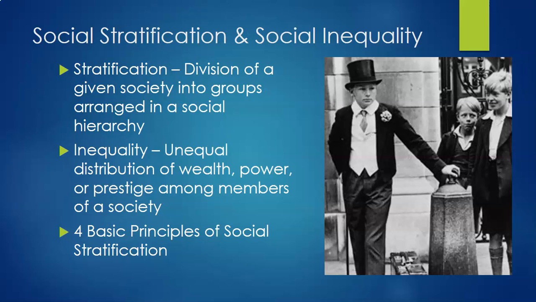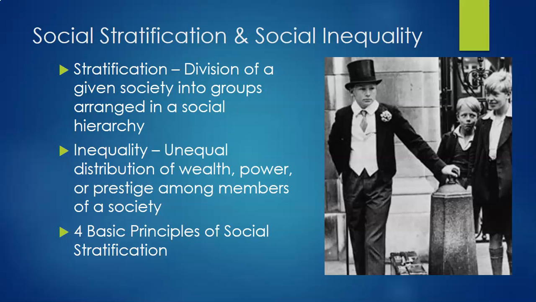Some groups will be ranked higher in the social strata or levels, while others will fall into the lower ranks. The higher level groups enjoy more access to the rewards and resources within that society, leaving lower level groups with less. This unequal distribution of wealth, power, and prestige results in what we call social inequality.